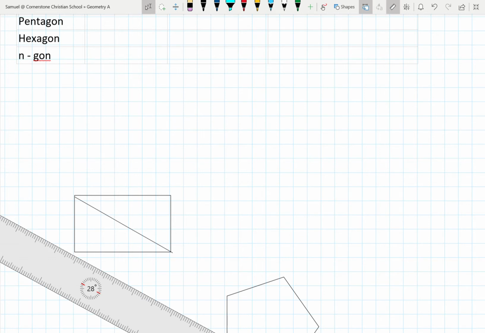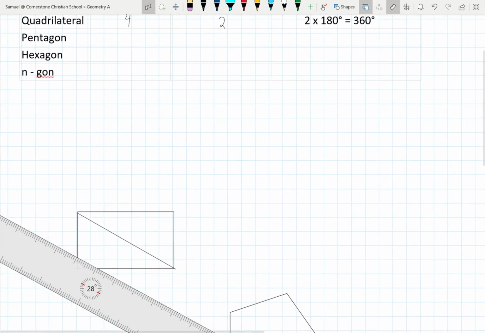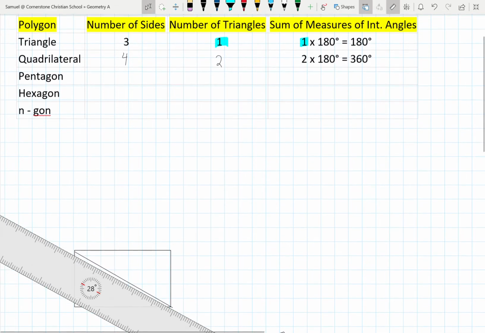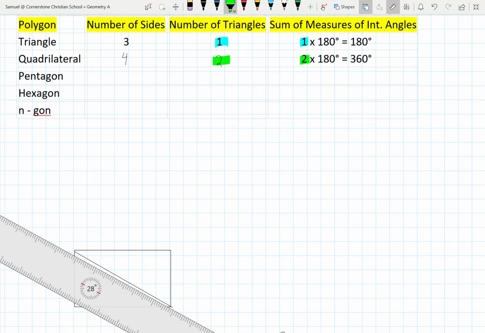The sum of the measures of interior angles would be 360. We knew that, but it's 2 times 180, so the number of triangles times 180 gives 360 for a quadrilateral, and 180 for a triangle.